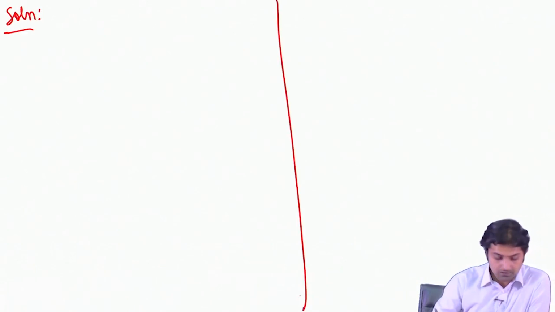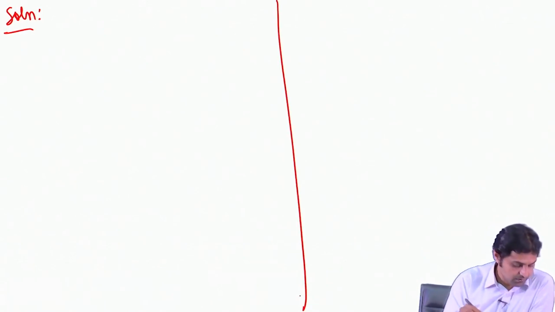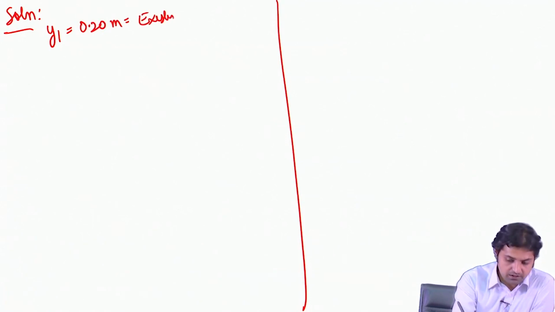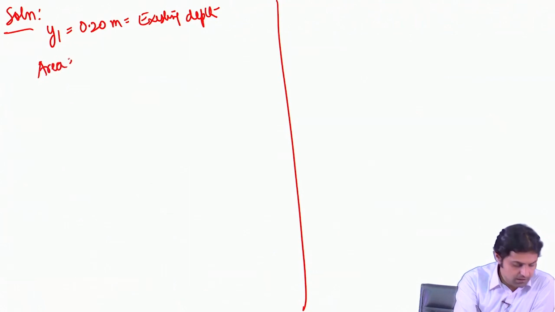So, to solve this, okay. So, what we know, we write it down. Y1 is equal to 0.20 meter, and that is the existing depth. All right. Area A1 is b y1. All right.